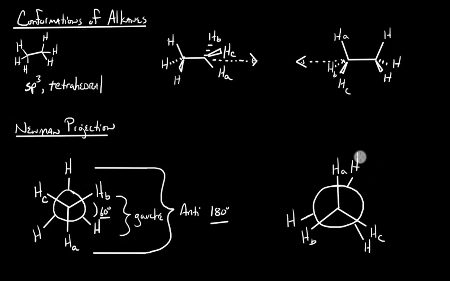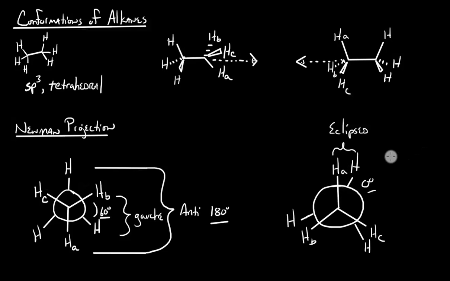In reality, this hydrogen right here in the back would be completely covered up by HA, but just for the sake of drawing this so we can describe the difference between the two, I'm going to draw this hydrogen as close to this hydrogen as possible. So other than the gauche orientation and the anti orientation, this type of orientation also has its own name, and it is called an eclipsed orientation. The angle between these two is going to be 0 degrees. So 0 degrees, even though it looks more like 15, this is just drawn so we can see it.